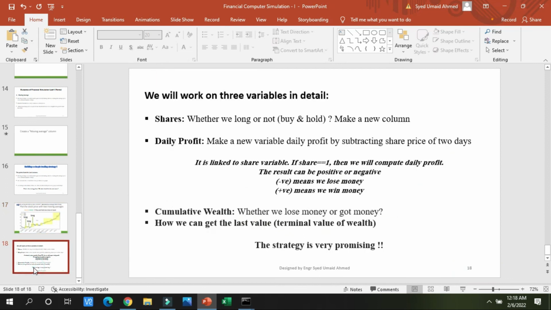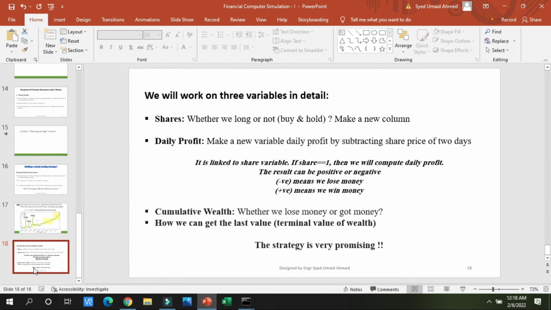So we have created a shares column. The shares column will have the value 1 only if MA10 is greater than MA50, or MA40, whatever we have taken.